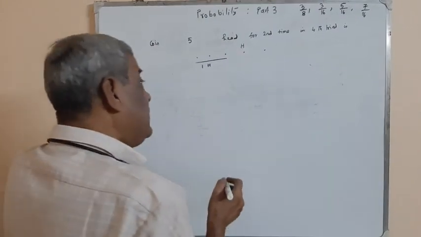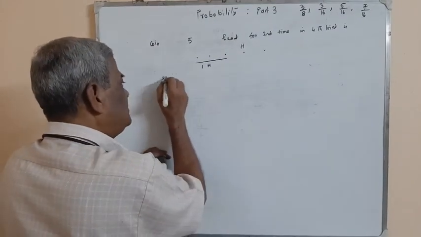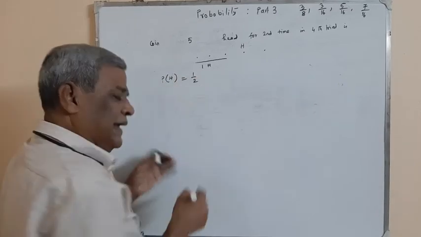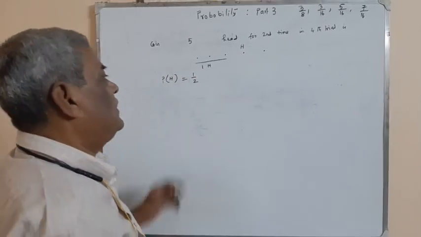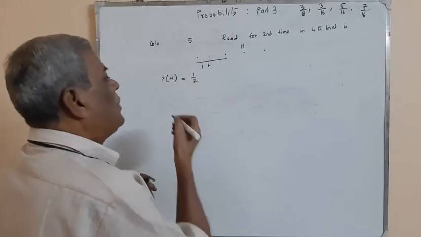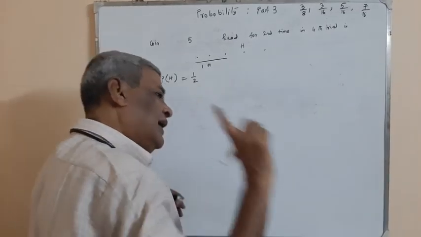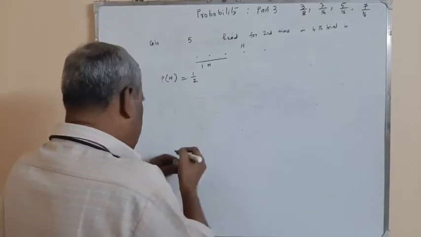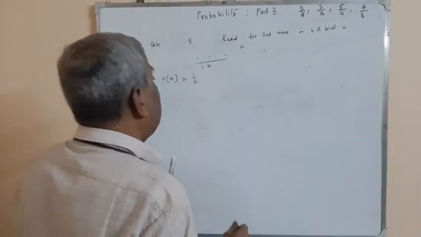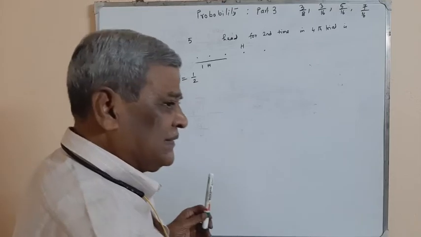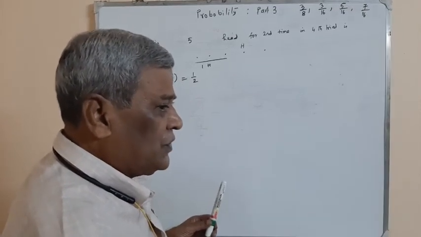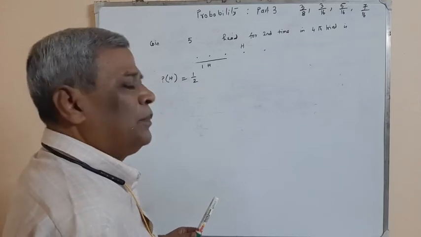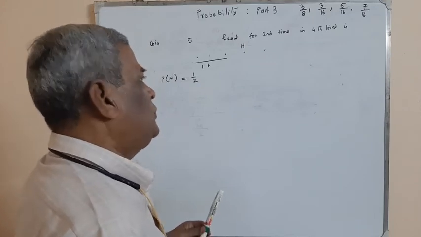In the fifth trial, it may be head or tail, because the condition is that in the fourth trial there is a head, and before that, one head must be there. The probability of head is very clearly half, and the probability of tail is again half. If head appears, then it is success. If tail appears, it is failure. So once again, it is a problem of binomial distribution.